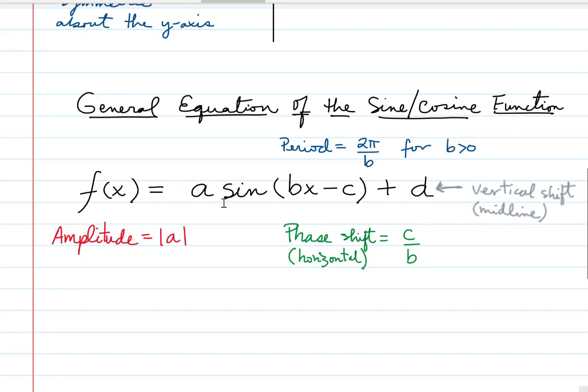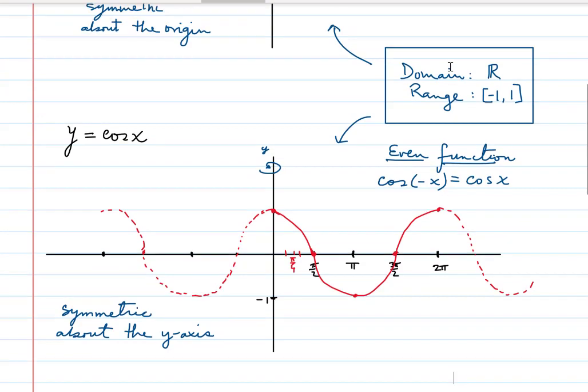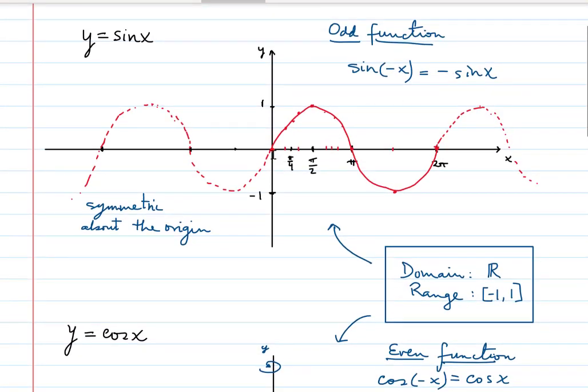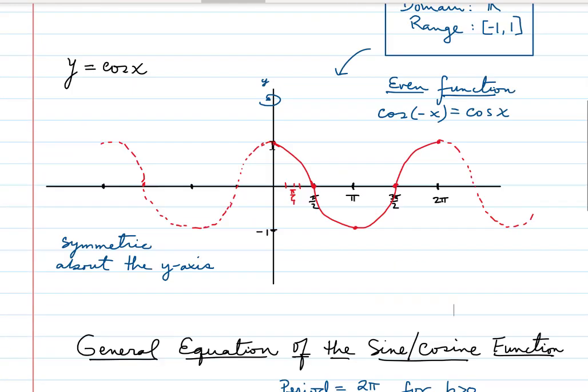Now again, remember, this works the same for sine as well as for cosine. So whichever one you have here, you just have to remember what they look like originally. Sine starts at the origin right here and goes through a cycle all the way to 2 pi. Cosine starts at the peak at (0, 1), and then it goes that way and ends at the peak right there at 2 pi.